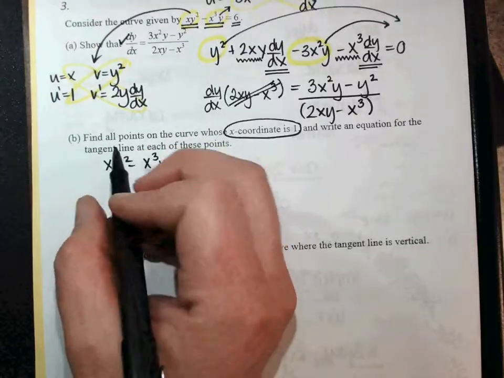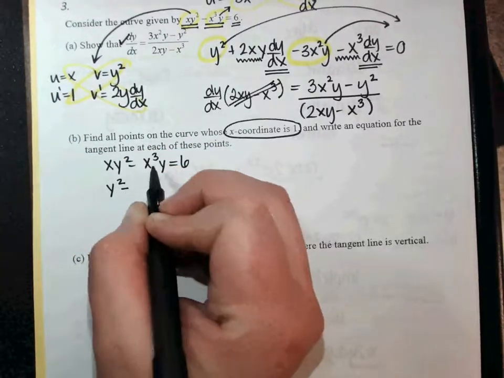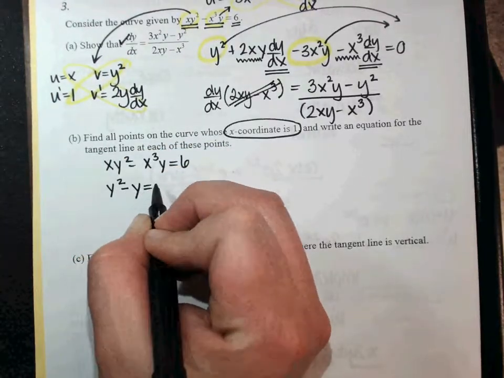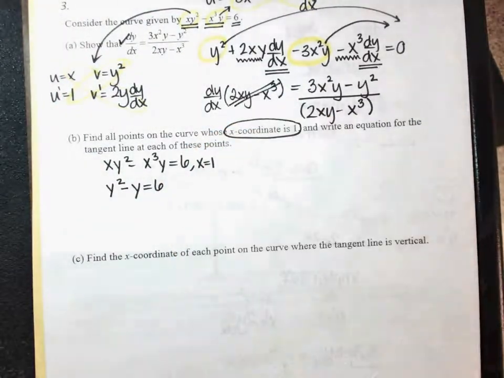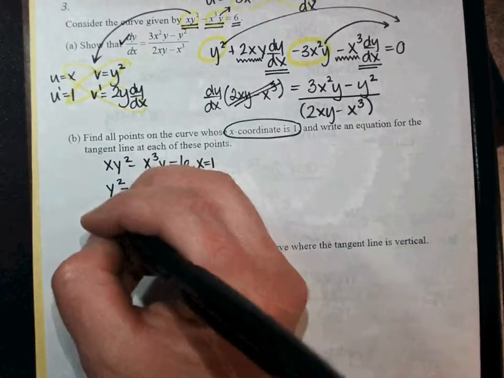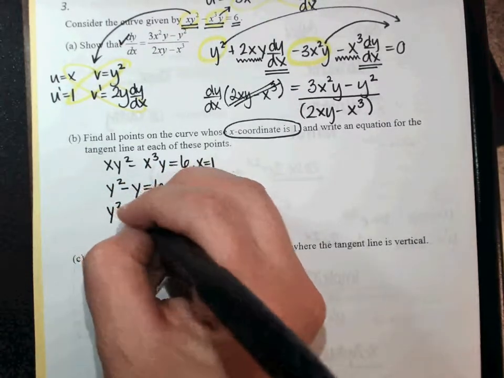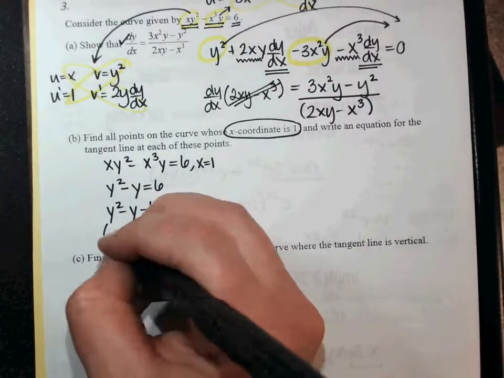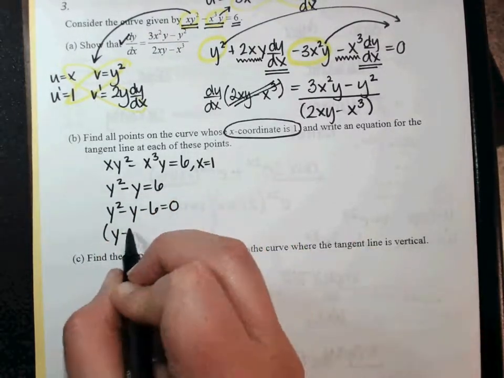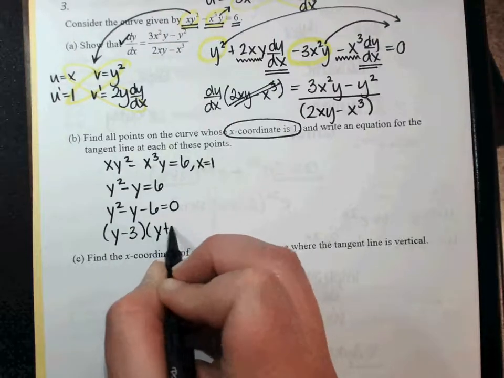So if x is a 1, that's just a y squared. X is a 1 here, that's just a y, equal to 6. So I'm plugging in x is 1. Okay, I'm going to factor that. Y squared minus y minus 6. So how could I factor that? Negative 3 and plus 2.